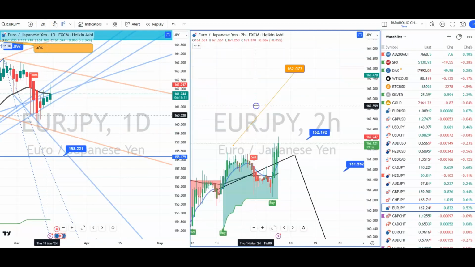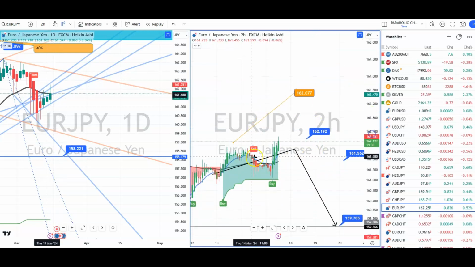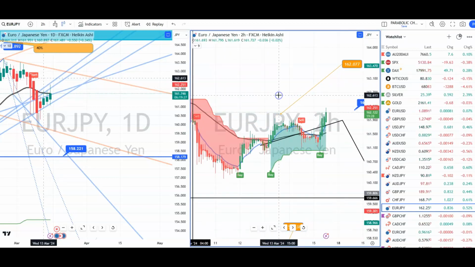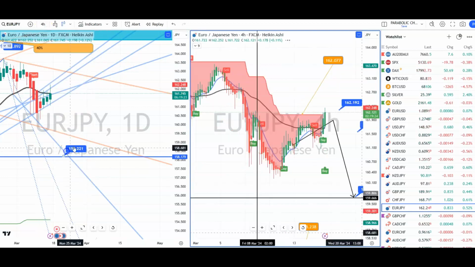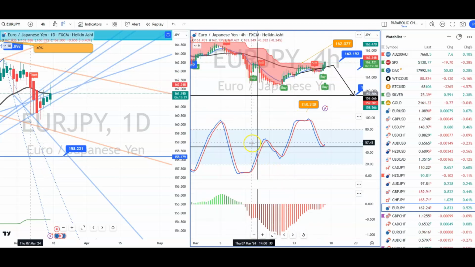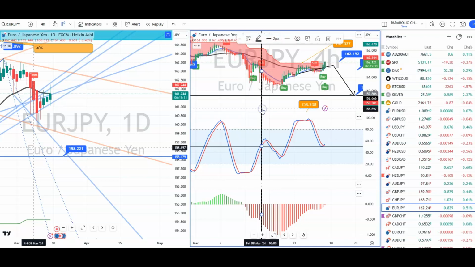Okay, so it's much clearer to see whether it is parabolic or not. Now let me just show you something which is a useful tool. I've drawn a line here, and the reason for that is because the price is falling down. You can do it there, you can do it there, it doesn't matter. But let me take you to the 2-hour chart on this line.